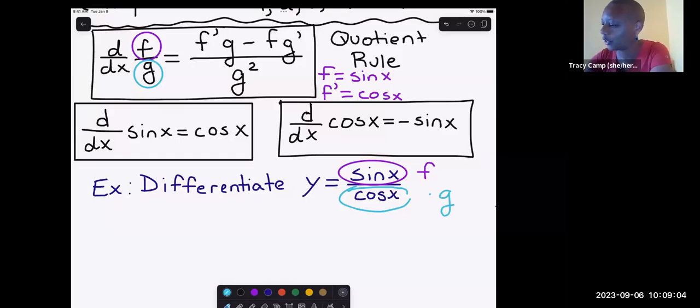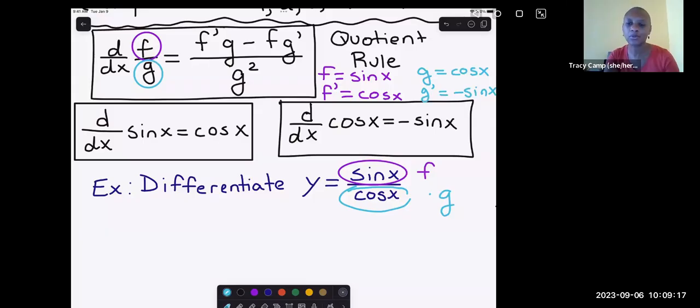And if our g is cosine of x, our g prime is negative sine of x. Now we have all the pieces to use the quotient rule, because it has an f, a g, an f prime, and a g prime in it.